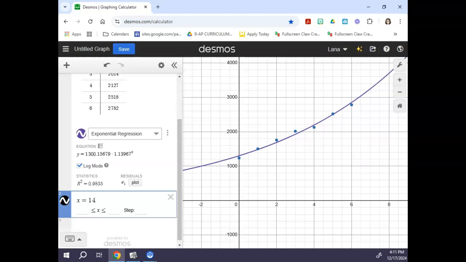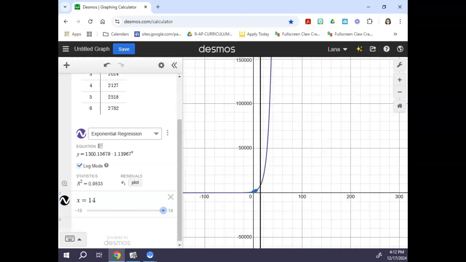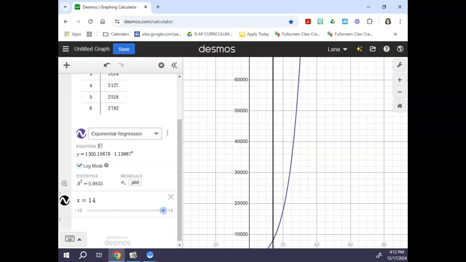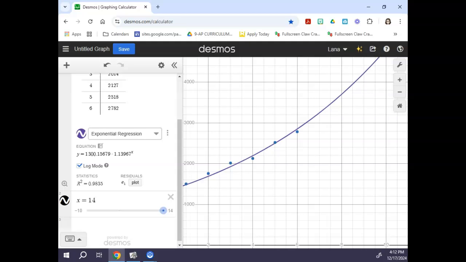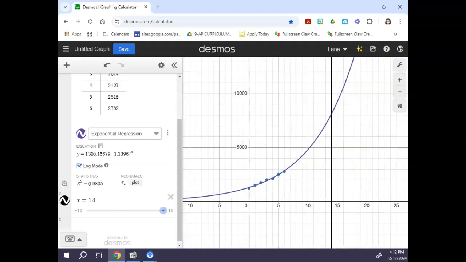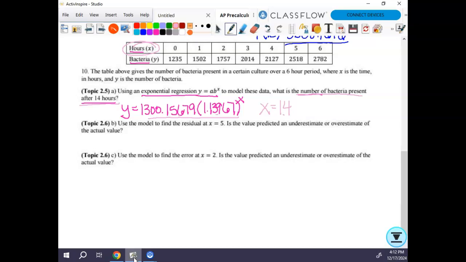And then I go find that. There we go. I get 8108.65. Okay, so y equals 8108.01675 bacteria.